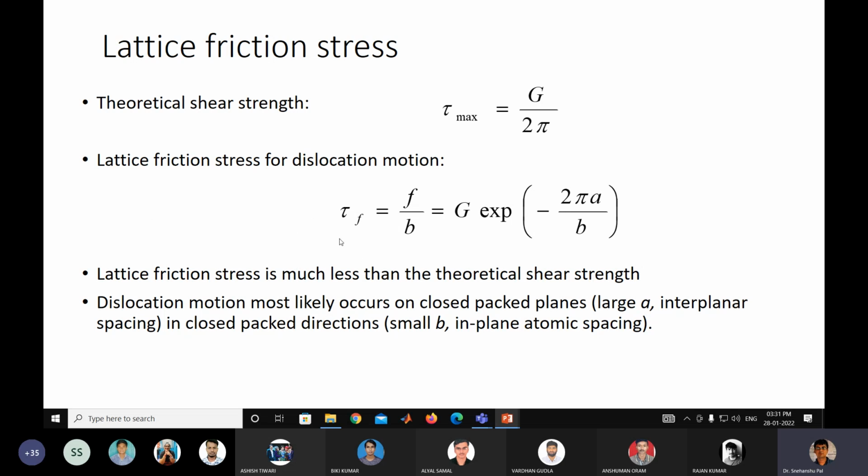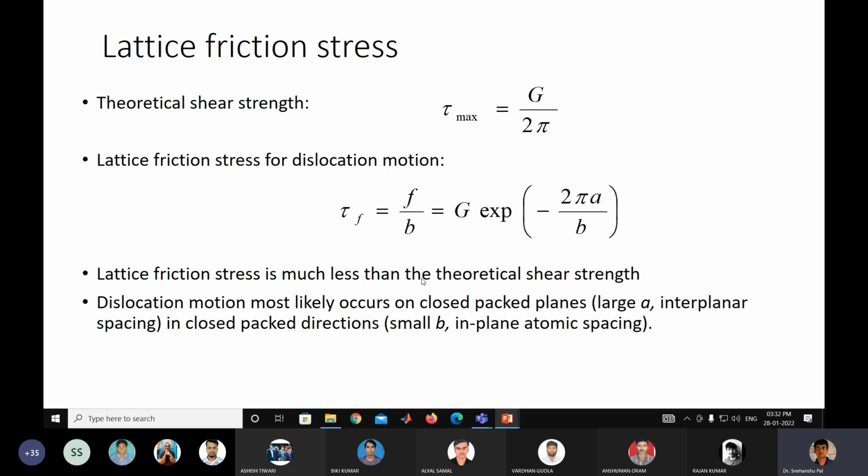That we have to understand. What is the lattice frictional stress for dislocation motion? Its source is the interatomic bond strength, and it acts to resist the motion or movement of the dislocation. So it tells you the shear stress as the resistance divided by the Burgers vector. You can see this expression.